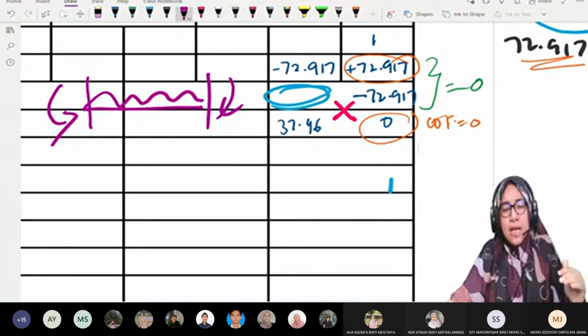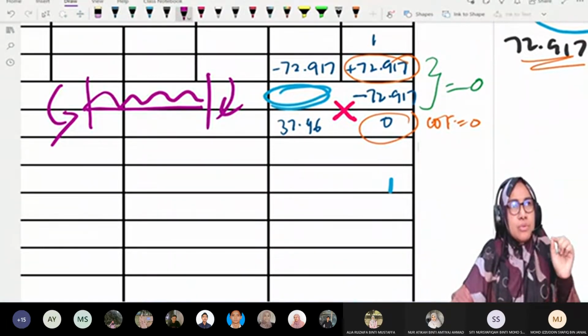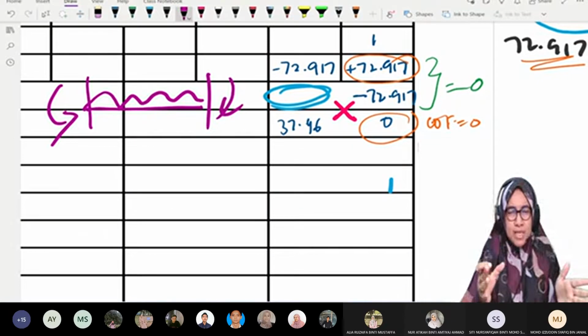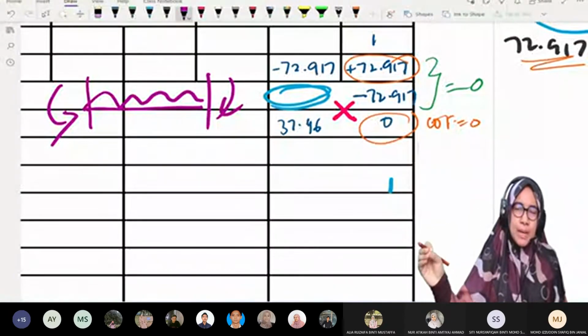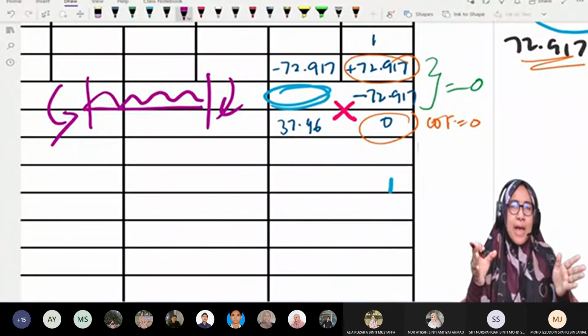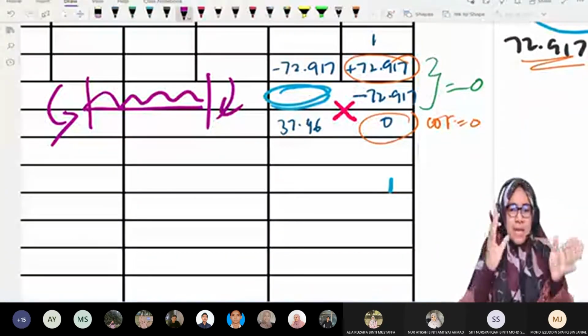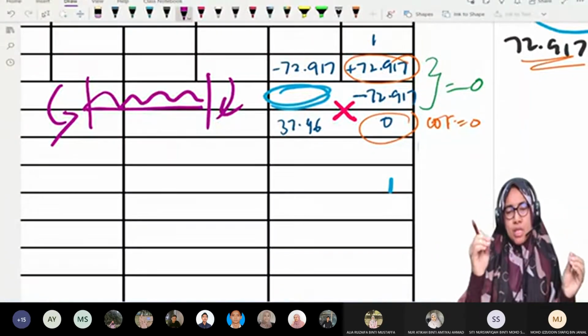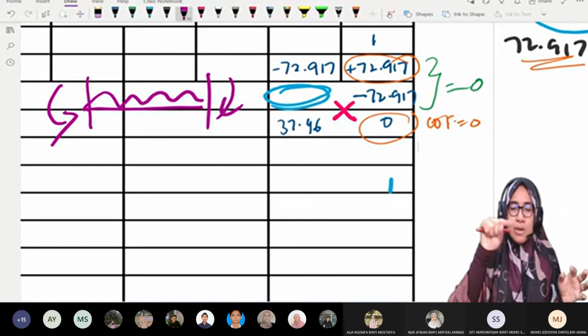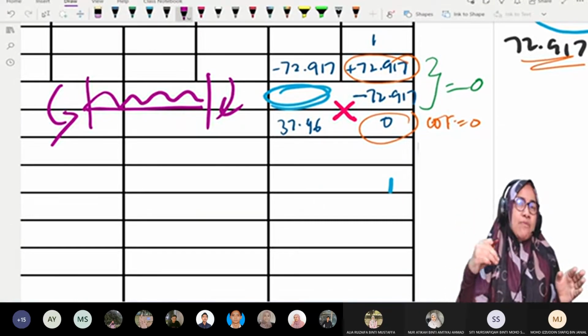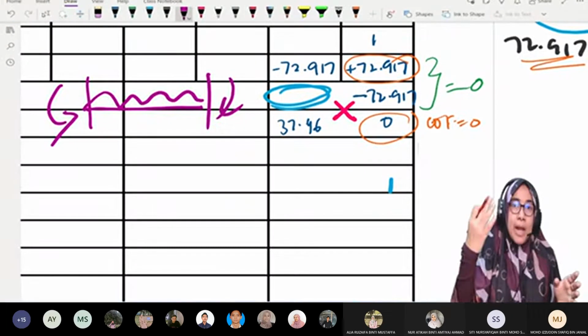Okey, yang ni is when you assume both end fix, even though yang hujung tu pin or roller, tapi you apply FEM assume as fix. So you put moment for both C and D. So one negative, one positive. So yang hujung DC tu, as stated, DC tu you have to distribute because factor dia 1.